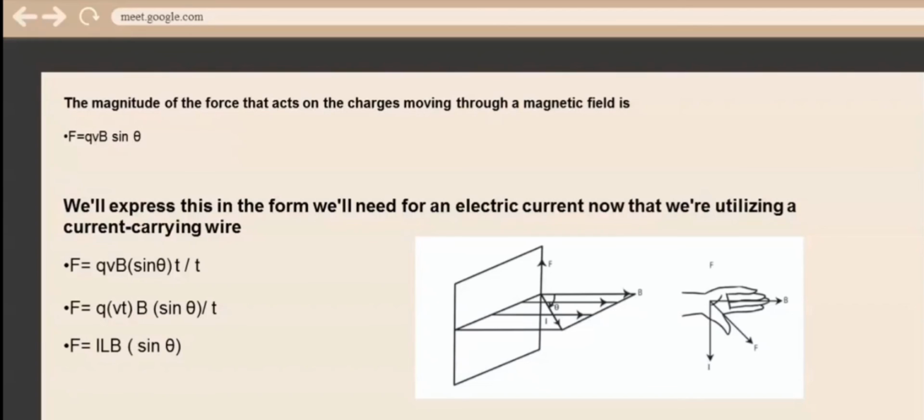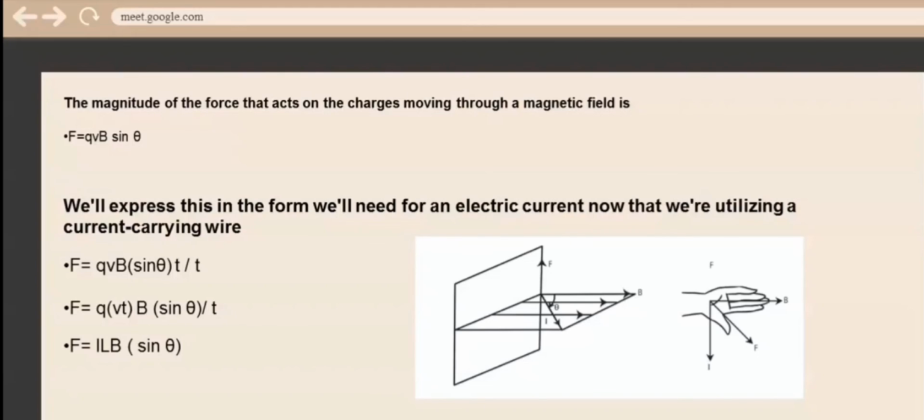F equals qvt B sin theta over t. F equals ILB sin theta, where vt equals L and q over t equals I. Therefore, the magnetic force on a current carrying wire of length L is F equals ILB sin theta.